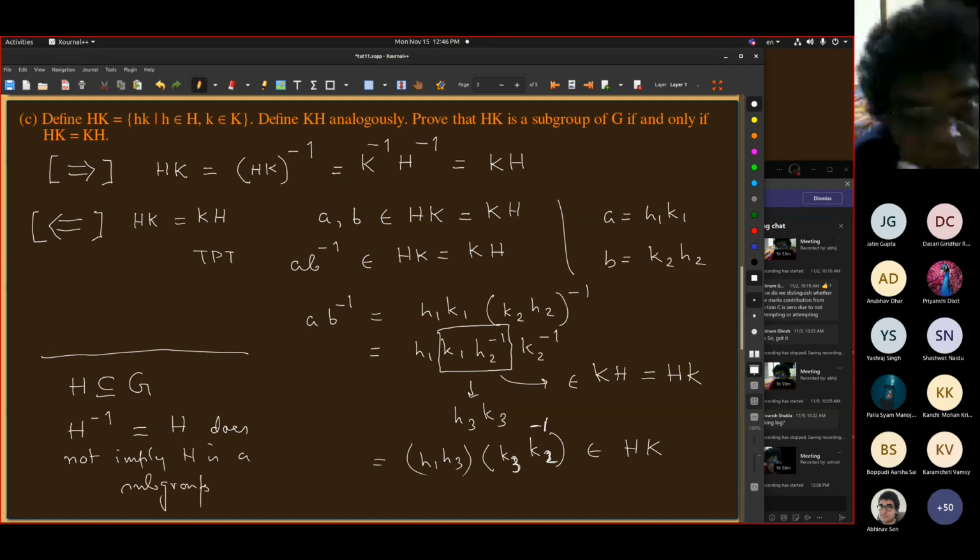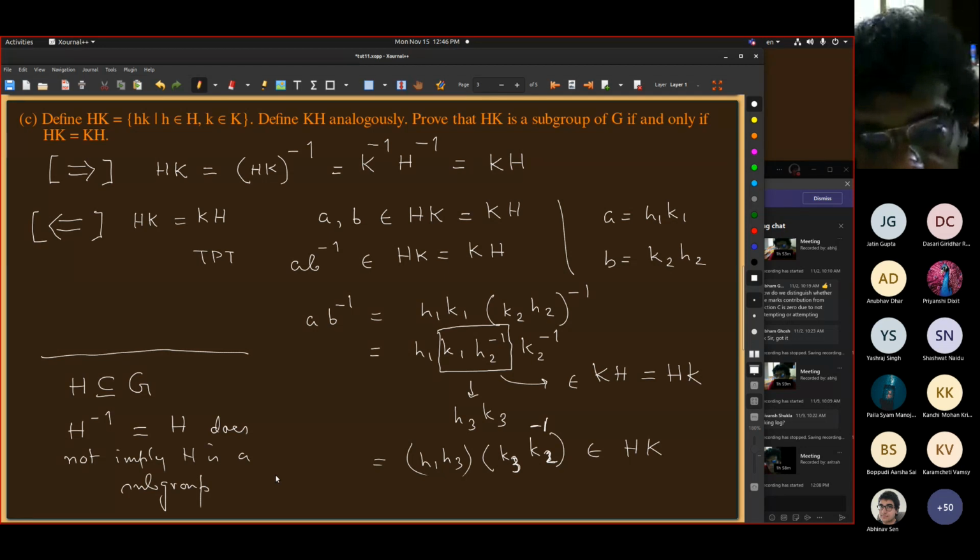Yeah, tell. What was the next question? So what is the importance of KH equals HK in writing this step? It's writing the step of H3 K3. No. So this is of the form, you're taking an element in K, you are taking an element in H. So it's naturally a member of KH, but the hypothesis is that this is the same as HK.